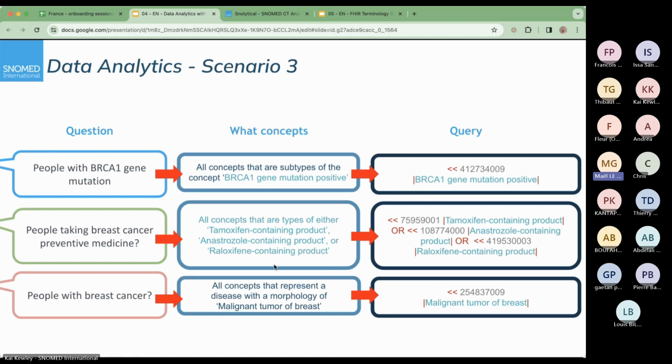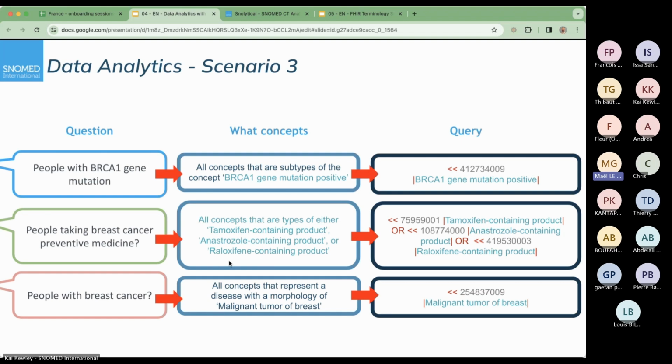For the breast cancer preventative medicine, there's not a good group concept in SNOMED CT for this, because there's a lot of different medications. Some of them are different in different countries. I looked at the UK guidance when I put this slide together about 2 or 3 years ago, and they were prescribing 3 different medicinal products, these 3 here.